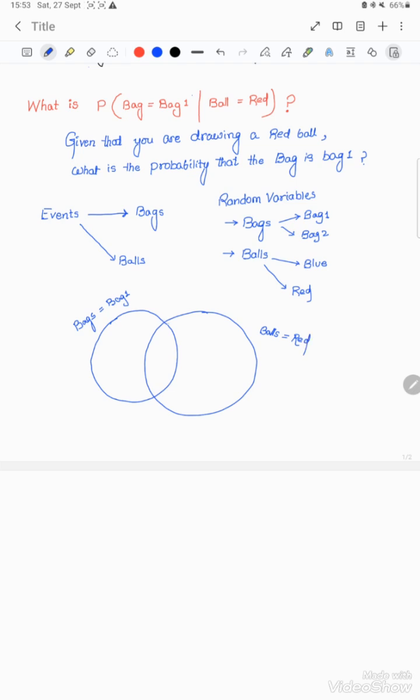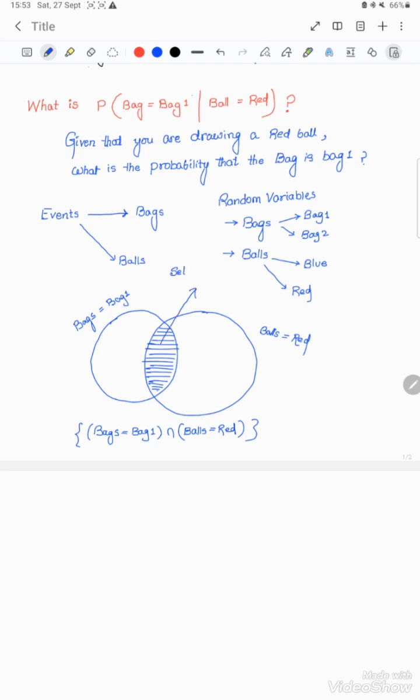So these are two events. This is what we call the common area. So this is bags equal to bag 1 intersection balls equal to red.